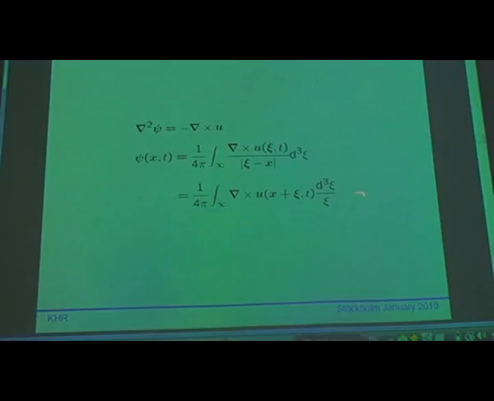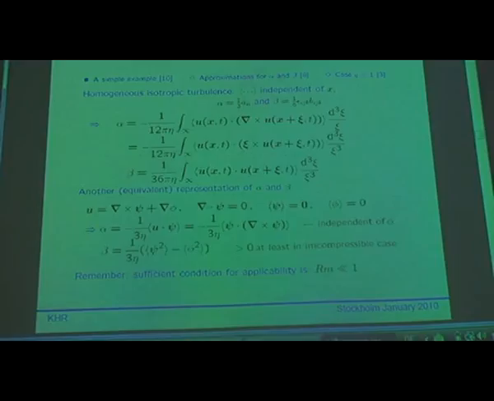Remember this when I return to the previous slide. This expression is a representation of alpha, and so you can represent alpha in this way. It is just the average of u times vector potential psi, or you can write it also in this way.